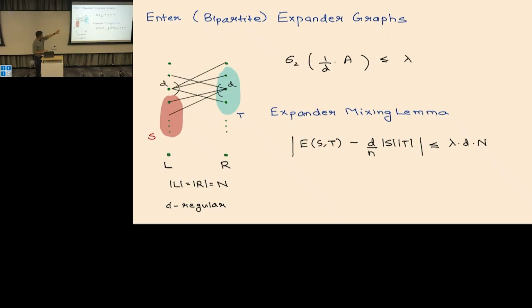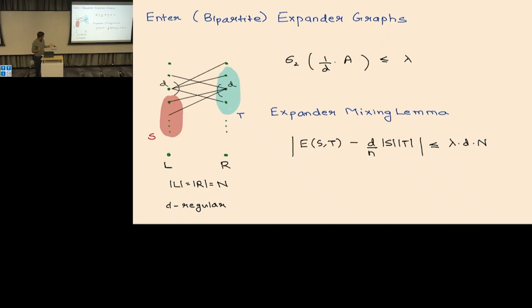And we normalize, so we divide by d. d is the maximum possible number of entries in any row, so the singular value of the unnormalized matrix will be at most d. After normalization, it will be 1. And this lambda now, as written, is a number between 0 and 1. So the smaller it is, the better we'll think of the expansion.